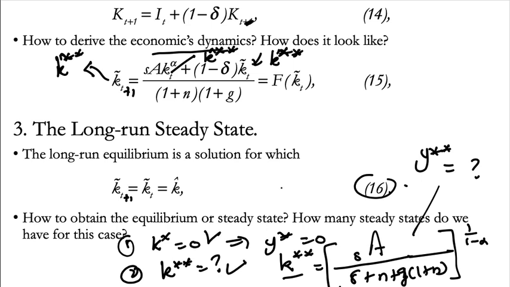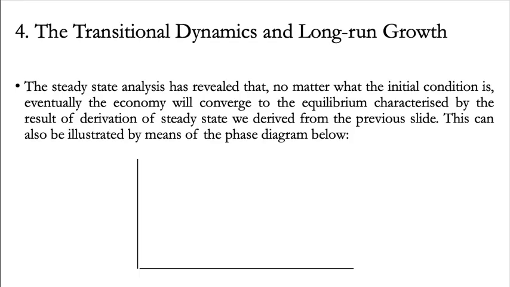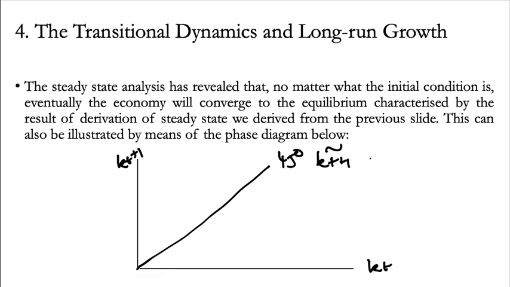Now, when it comes to the graph here, we have the transitional dynamics and long run growth. So here KT+1, here KT, and then you have the 45-degree line, isn't it? So try to check. At this 45-degree line, KT+1 tilde equals KT tilde.